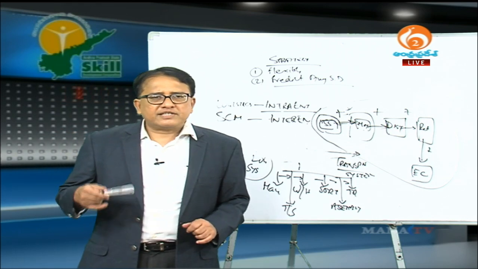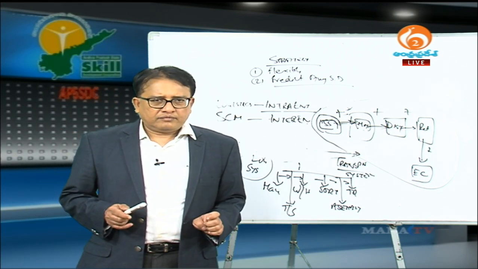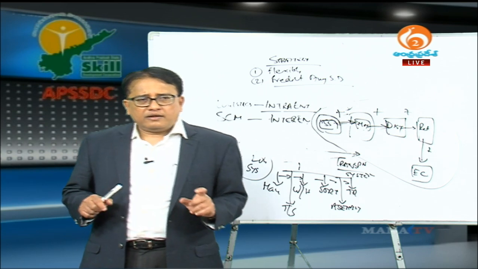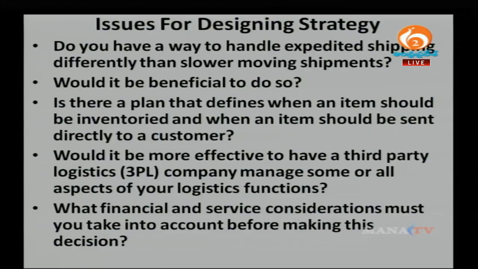Now, when we design a strategy, there are certain issues that need to be considered. What are the issues? Do you have a way to handle expedited shipping differently than the slower moving shipments? Would it be beneficial to do so? Does my organization handle faster moving, expedited shipments better than slower moving ones?